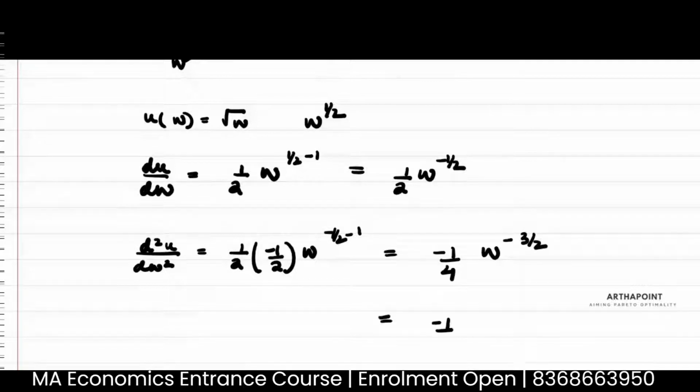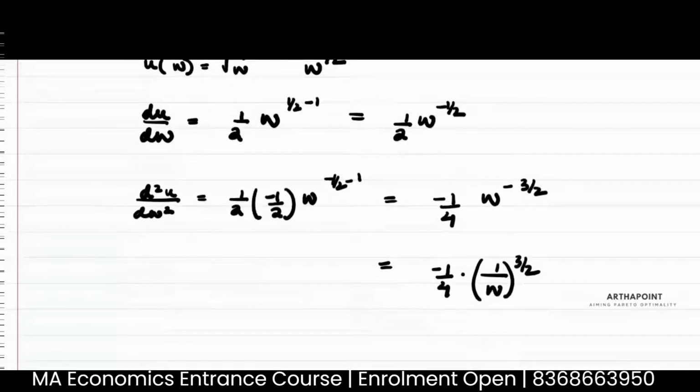Negative power means that W will come in the denominator. So this will be minus 1 by 4 into 1 by W to the power 3 by 2, or if you can interpret it from there only, it is fine. Now just think about this: wealth is always positive. I cannot have negative wealth. 1 by a positive number is positive, and a positive number to any power is positive. 1 by 4 is positive.